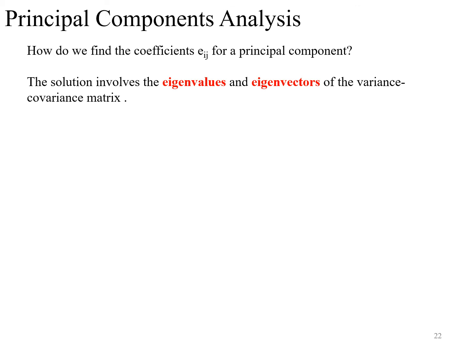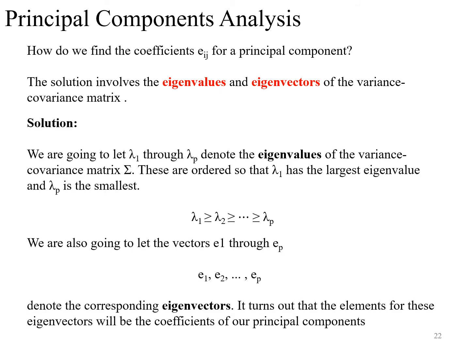How do we find the coefficients that we want in order to do this rotation of the data in multiple dimensions? Well, the solution involves eigenanalysis, and it involves eigenvalues and eigenvectors that are produced by an eigenanalysis. So we're going to have a set of lambdas, lambda 1 through lambda p, and those are the eigenvalues of the variance covariance matrix.